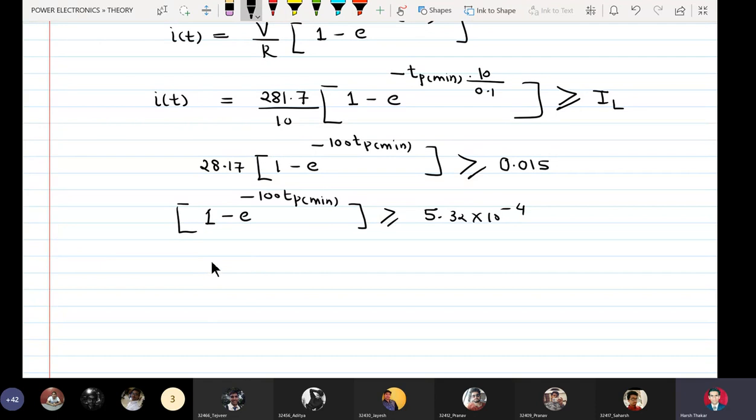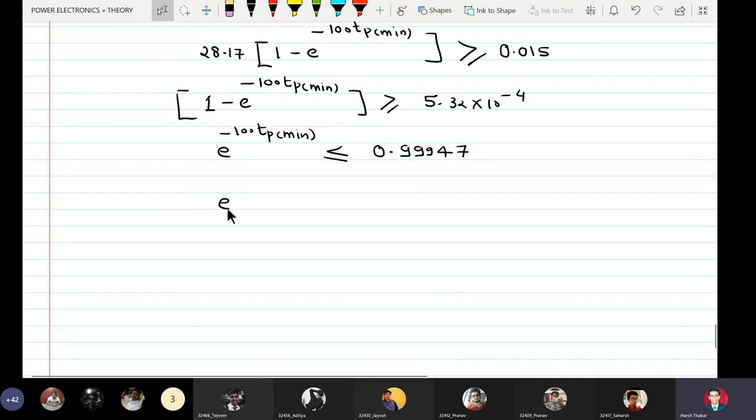So we have e raised to minus 100 into Tp min should be less than or equal to 0.99947.